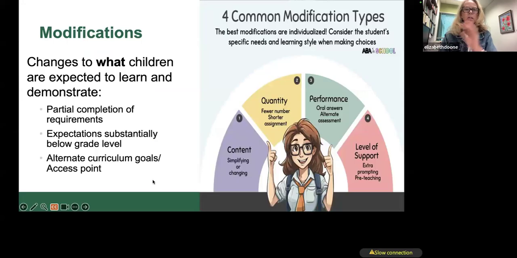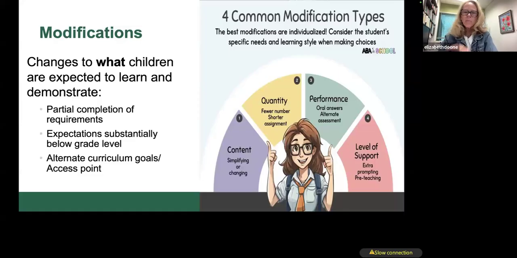So modifications change what the students are expected to learn and demonstrate. They might have partial completion of requirements. They're going to have expectations that are less complex and below grade level. And their alternative curriculum goals is what we do in the US using those access point standards.